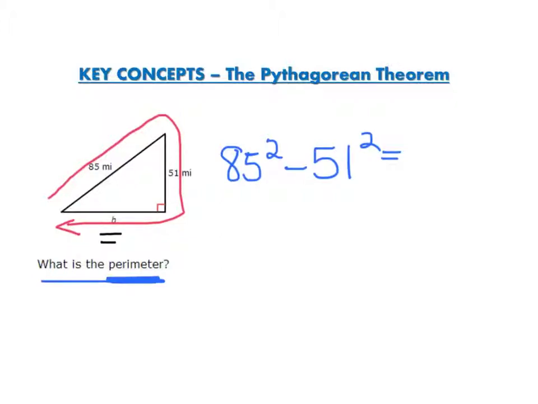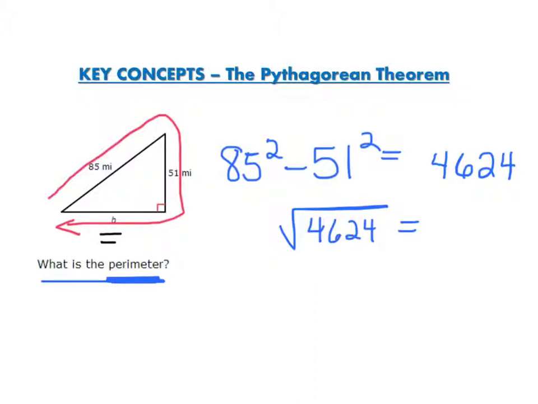So the difference of those two squares is 4,624. Now when I take the square root of 4,624, I get 68. Now that's not my answer, that's just the length of the missing leg.